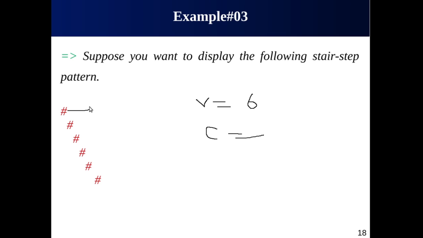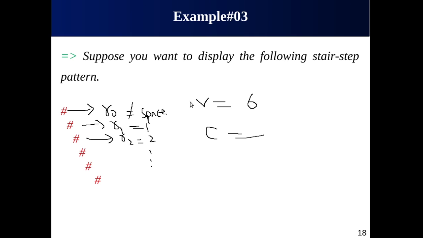Actually, at row 0, we do not have a space. At row 1, we actually have a single space. At row 2, we have 2 spaces, and so at the beginning of each row, you have to decide how many spaces we have. So the pattern actually has 6 rows.